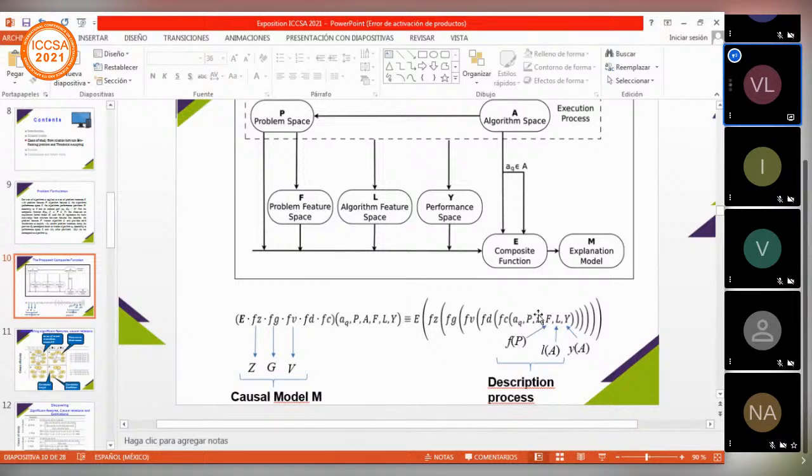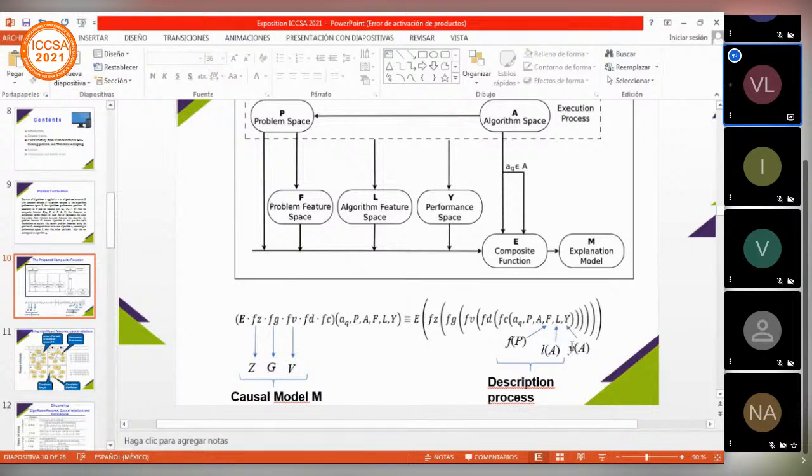And set F obtained by function F, okay? And the performance space Y, the set L obtained by function L, and the performance space Y obtained by function Y.